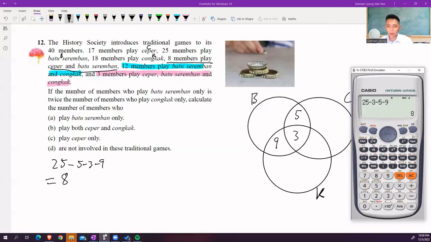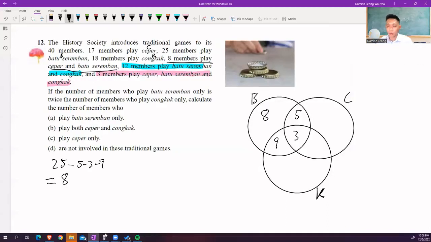Yeah, 8. So here is 8, which is also the answer for part A actually.